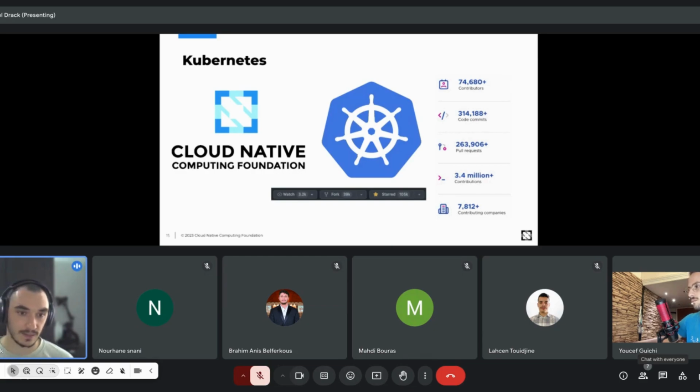And since then, Kubernetes became one of the fastest growing open source projects in the world, and was also the kickoff event to found the Cloud Native Computing Foundation. So Kubernetes was also the first project that was donated to the CNCF.